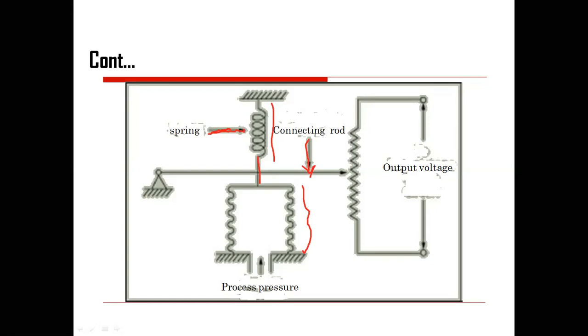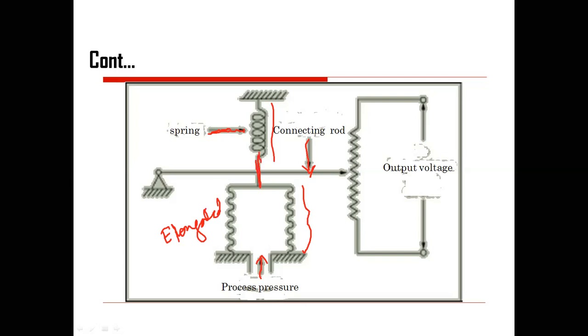So when we are applying a pressure, at that time these bellows are going to be elongated. As this spring is connected with the stem, the bellows will push this spring in the upward direction.